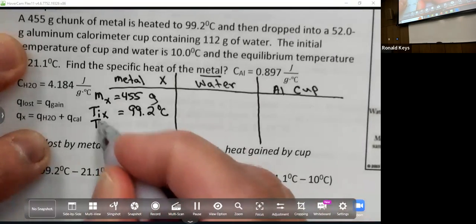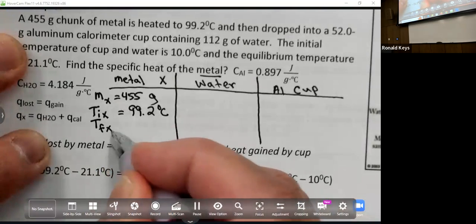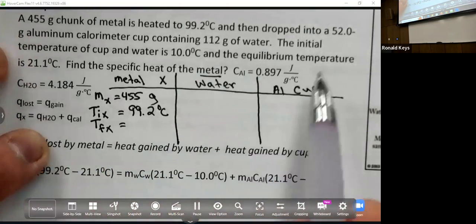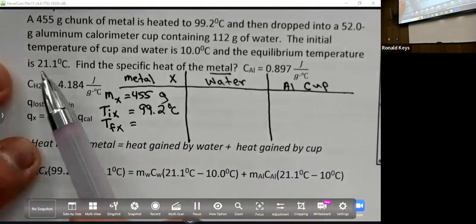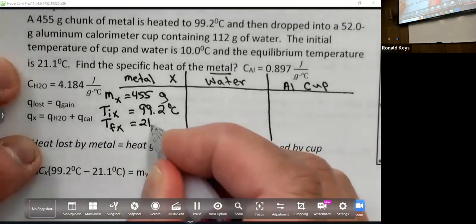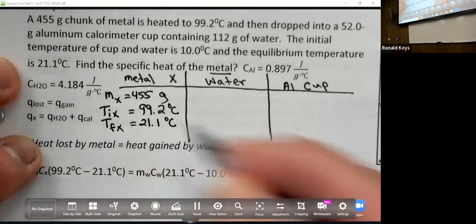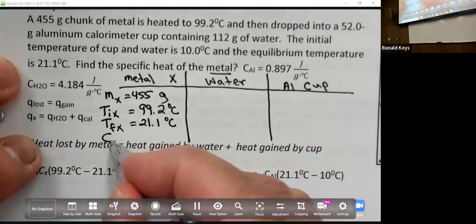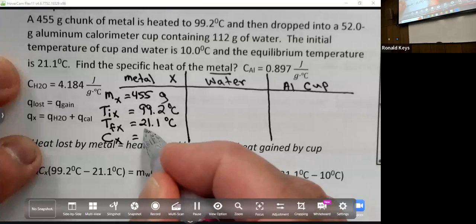The final, all said and done, it ends up at 21.1. We're looking for the specific heat of the metal.